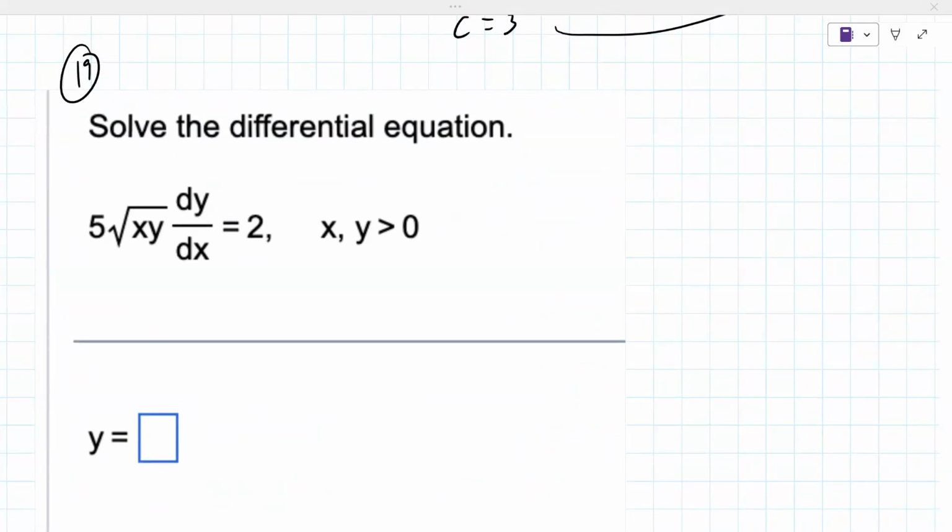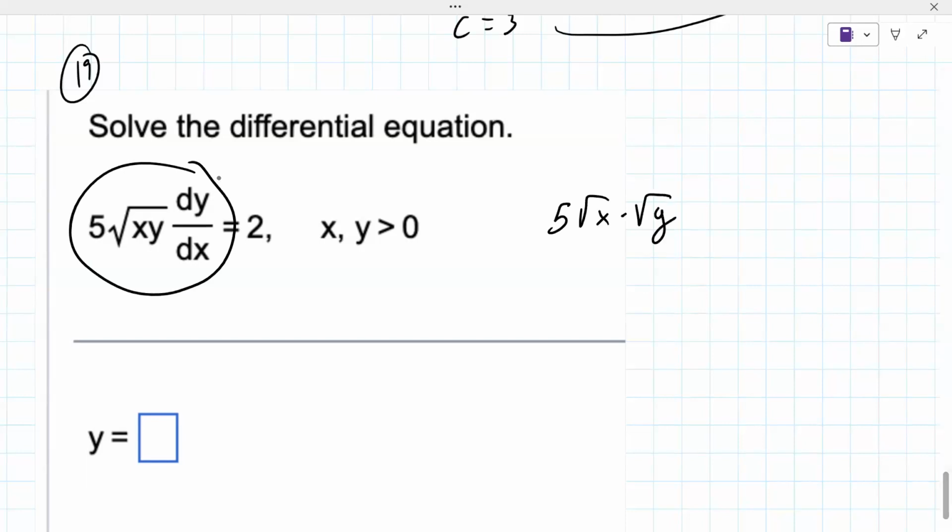Yeah, so a lot going on here. The left side here, we've written as 5 square root of x times the square root of y, dy dx equals 2. And then you want to move anything that's not y to the other side. So you do that by dividing both sides by 5 square root of x.